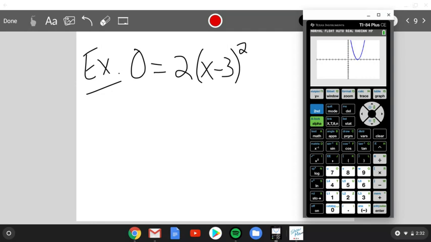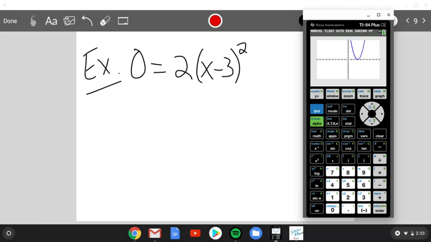Okay, we can see the whole thing, and this time it looks like the vertex is just resting on the x-axis. So when you find a 0 with the calculator, it wants to be above the x-axis one time and below it another, but we're all above or right on.